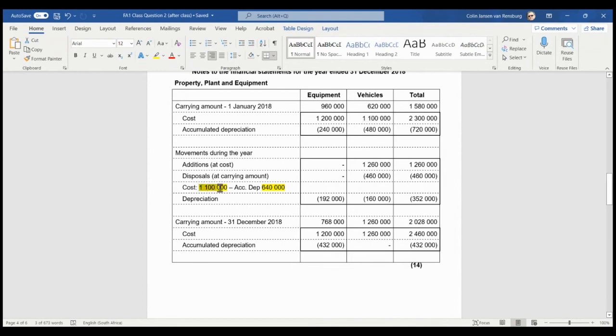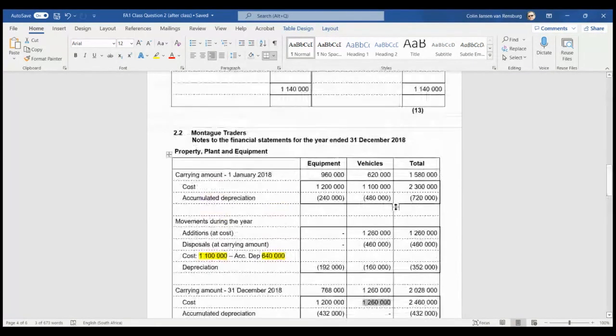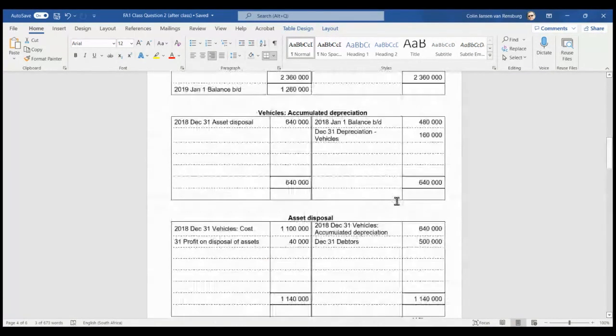There, we took that 1.1 million out of the cost, right? But also there, we added a further 1.26 million to the cost. So what is the balance on the cost account now? That 1.26 million. Let us go to the cost account and see whether that is what we have said.